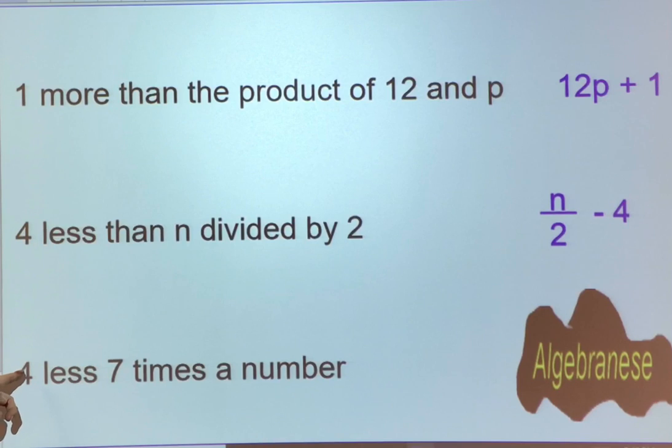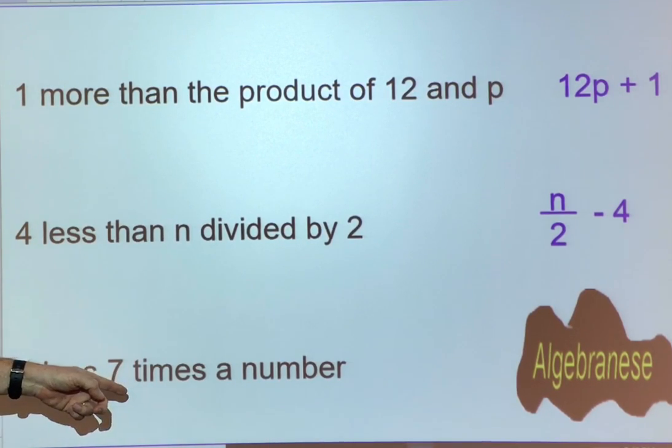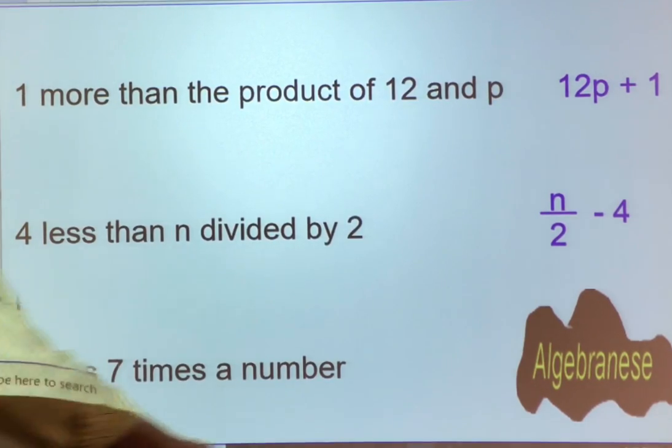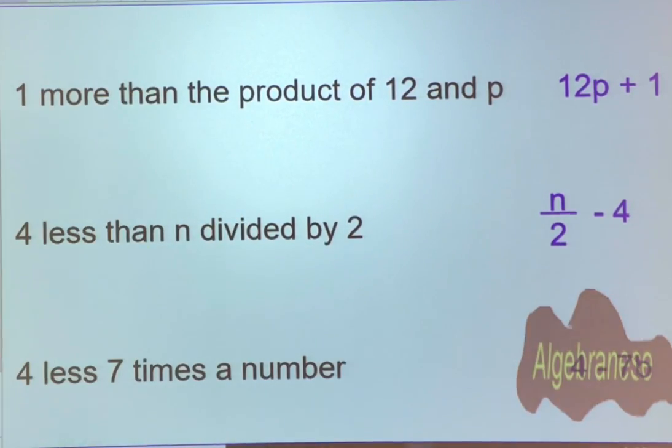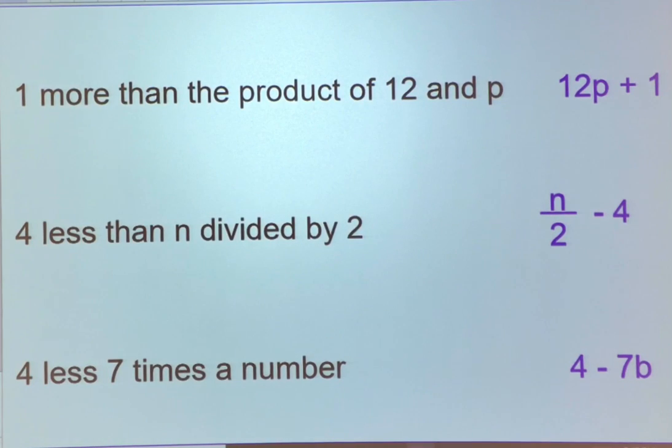That means we're starting with 4 and we're subtracting whatever's behind it. So what are we subtracting? We're subtracting 7 times the number. How do we write 7 times the number? 7 bumped up to our variable. So we should have 4 minus 7 times our variable. So let's take a look. 4 minus 7b.